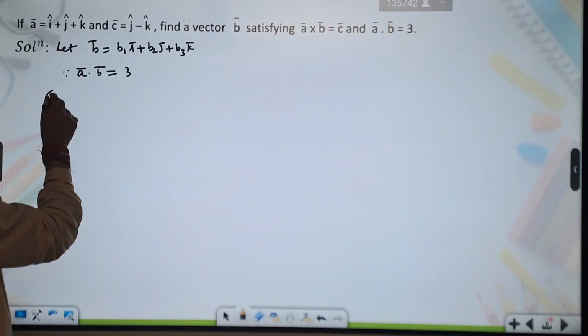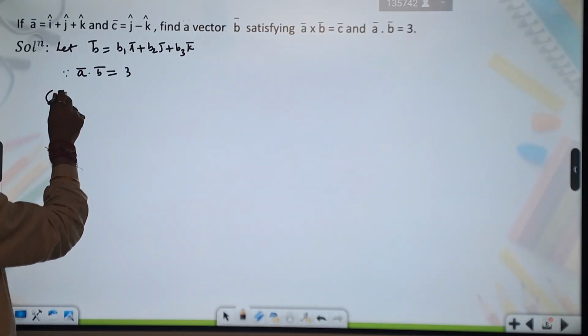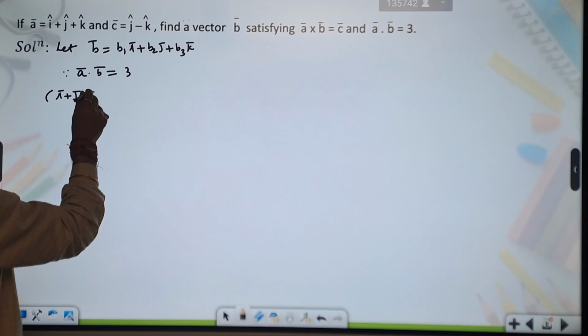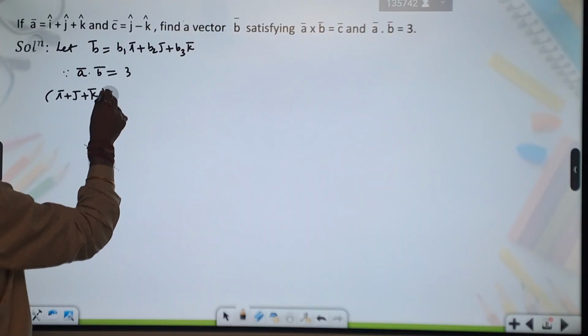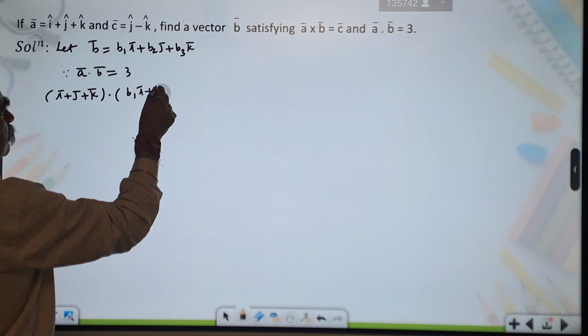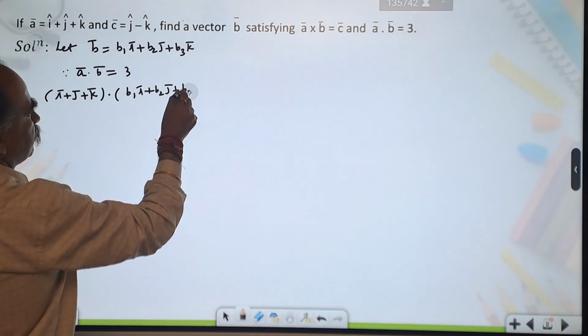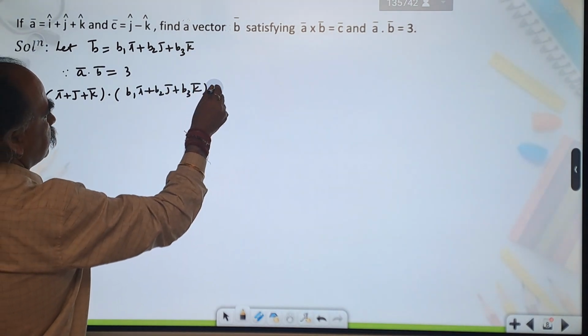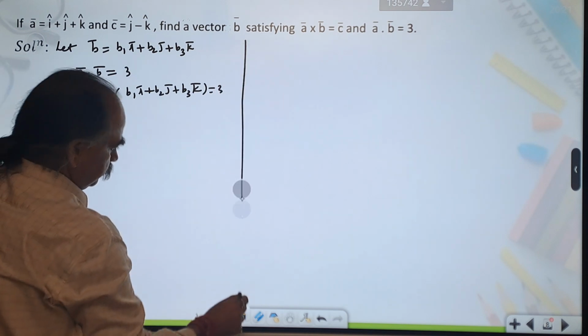a bar is i plus j plus k, dot b1 i plus b2 j plus b3 k is 3.